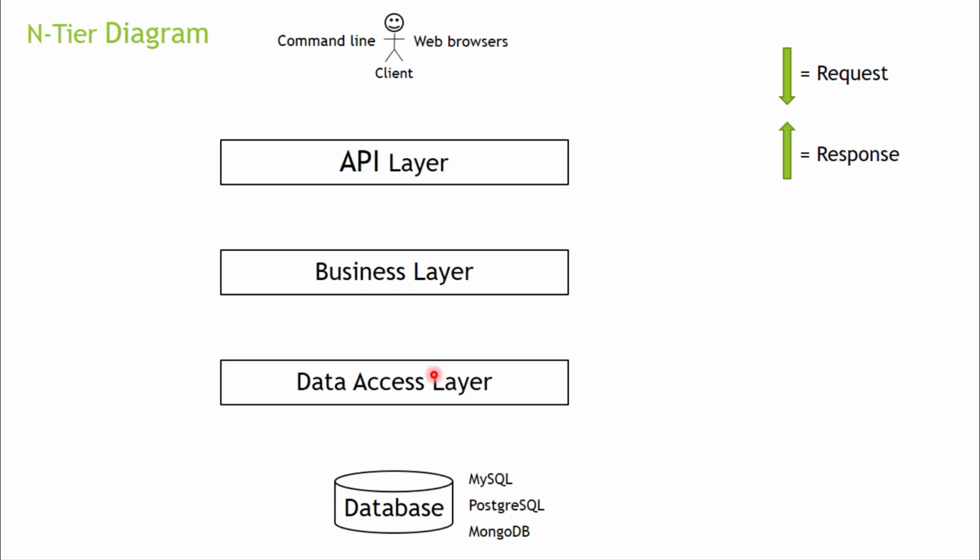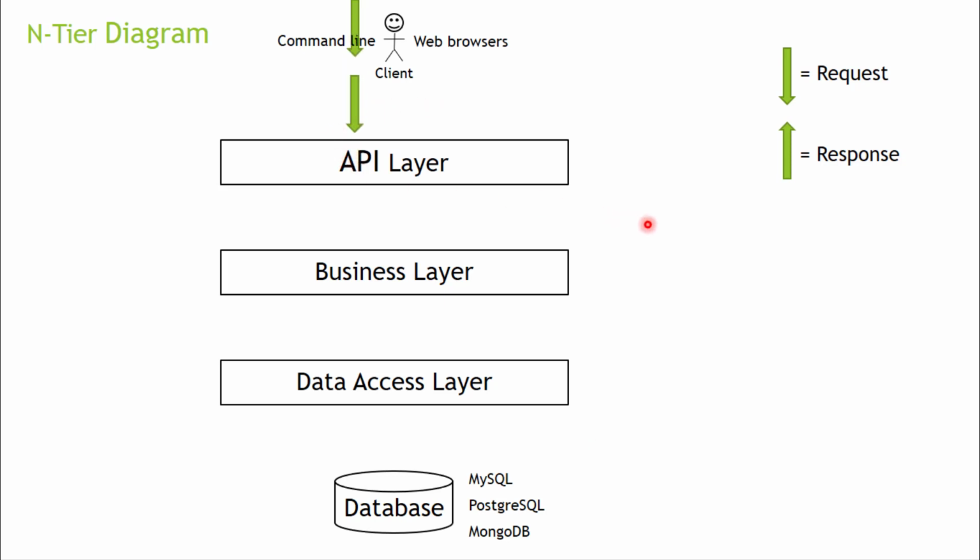So before we begin, let's take a look at this diagram. Now, this is how a typical Spring Boot application backend looks like. We have the client, API layer, business layer, the data access layer, and the database, if any. The client sends a request to the API layer.